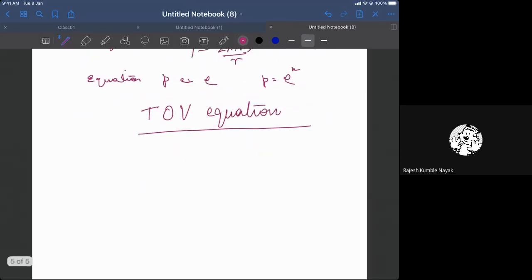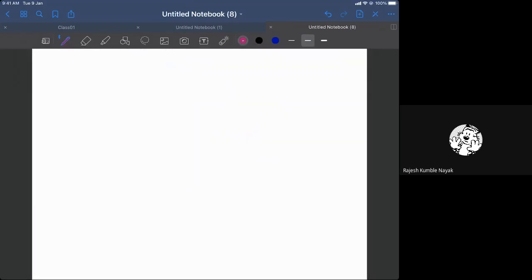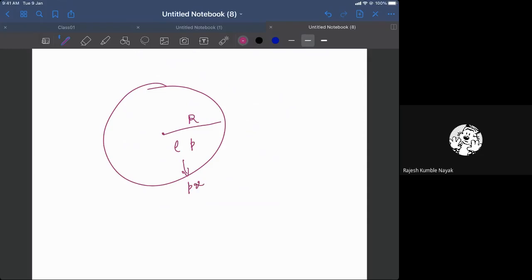In the case of a spherically symmetric star, what we have seen is that we have a star here of a certain radius. Here you have rho and p. Then you have a relation between p and rho, whatever it is, polytropic or something else.